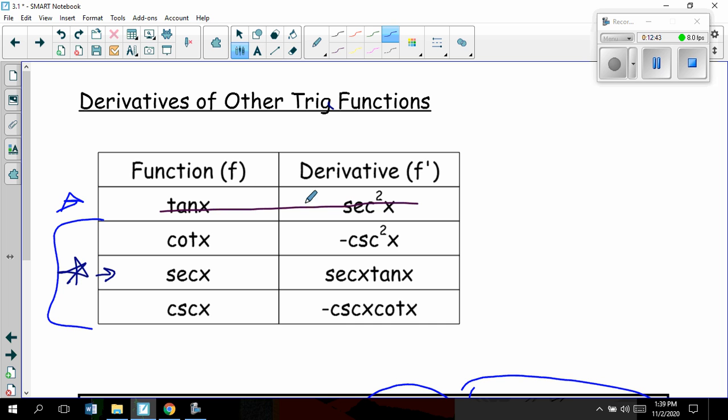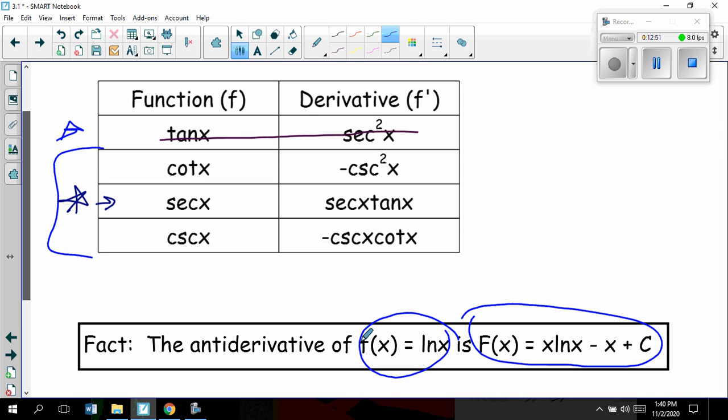This one is crossed off because it should already be on your list. These three are not, so go ahead and add those on there. You can pause the video if I go too fast here. And then here's one more. We did not have the antiderivative of natural log yet. So the antiderivative of natural log is x natural log of x minus x plus c. If you need time to write those, go ahead and pause the video. Otherwise, we will keep going.